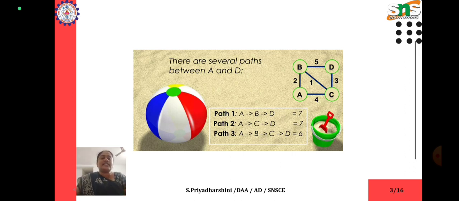So let us consider an example. Here there are several paths between A and D. Path 1 is A to B, B to D, with a weight of 7. Path 2 is A to C, C to D, which is also equal to 7. Path 3 is A to B, B to C, C to D, so the weighted cost would be 6.